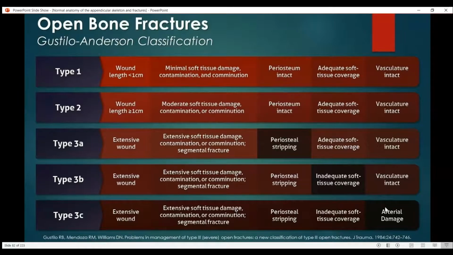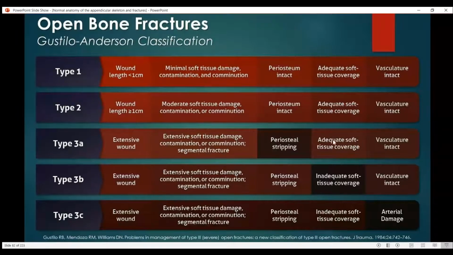The important point here is the biggest difference between type 3A and type 3C: type 3C will have arterial damage and inadequate soft tissue coverage, whereas type 3A will have adequate soft tissue coverage.